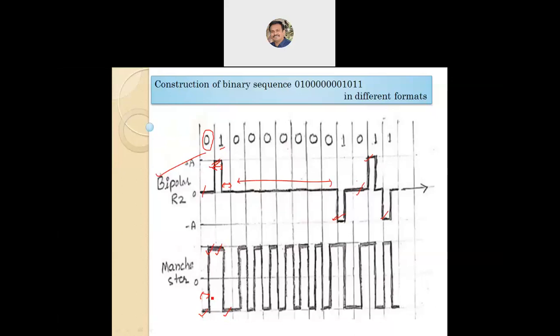Similarly, for the next 0, it is minus A then plus A, continuing for all zeros. When the 1 comes, it always begins from plus A and ends at minus A.